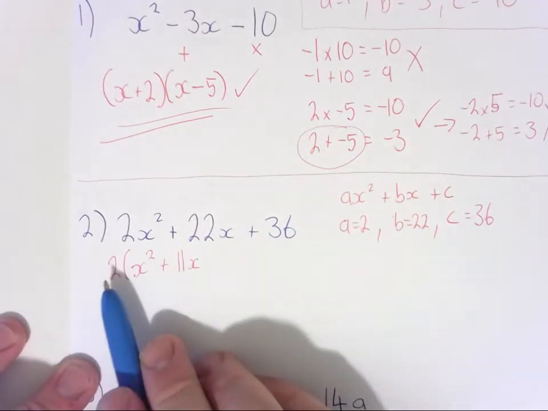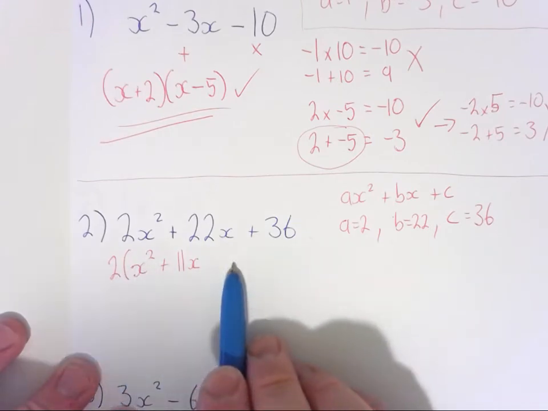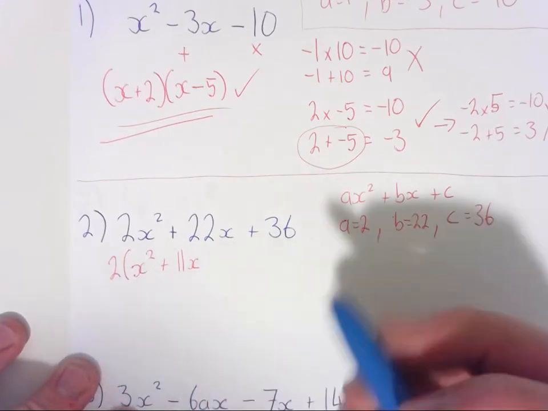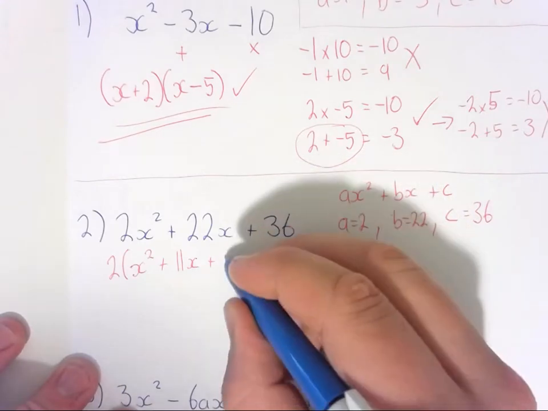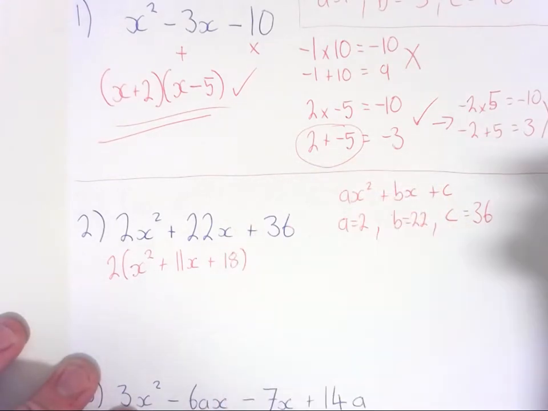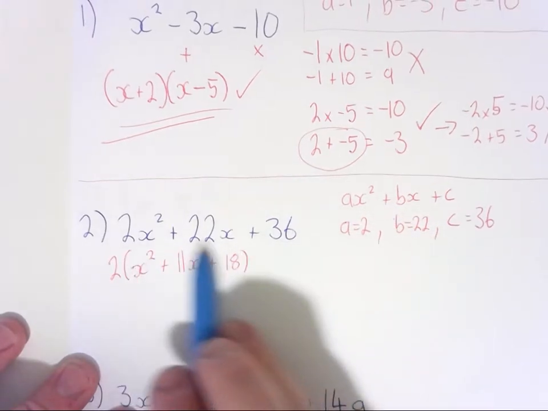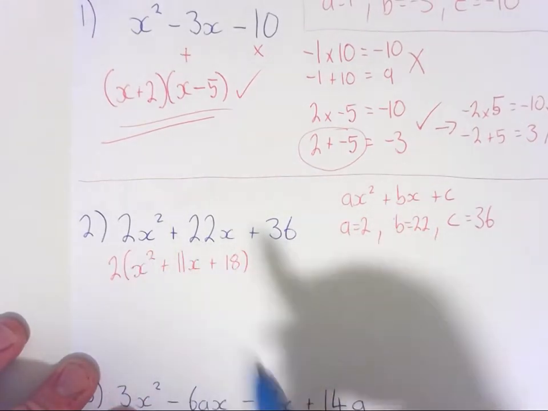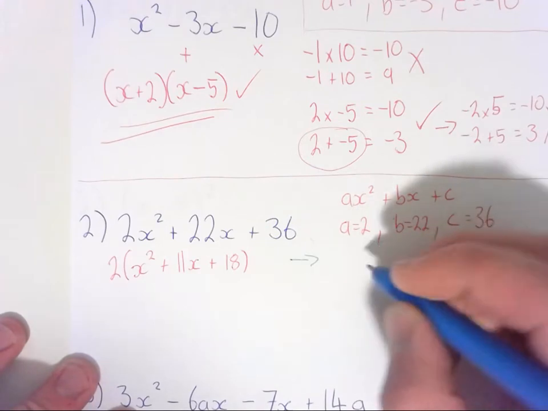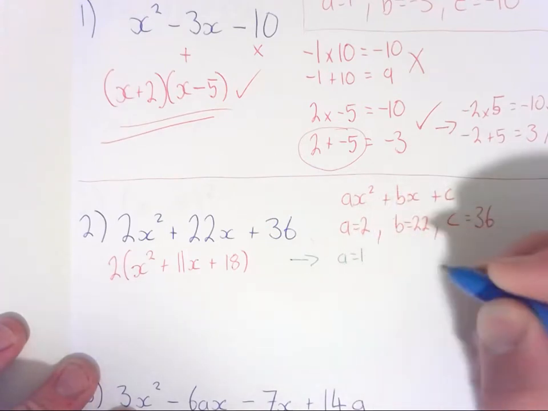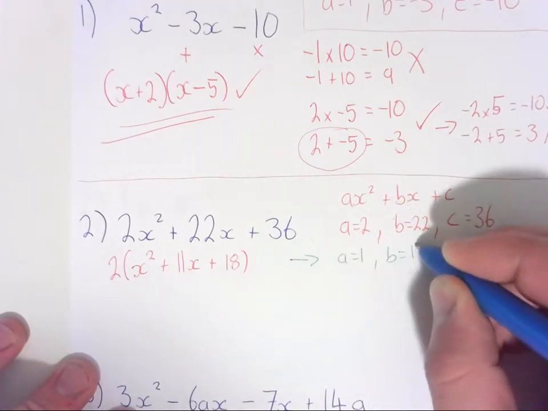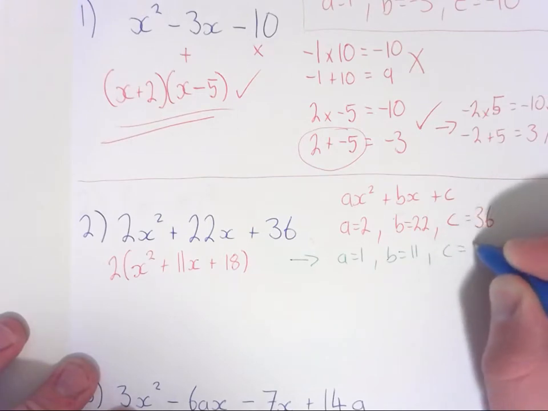Now 2 times what is going to give me positive 36? That's going to be plus 18. For the bit in the brackets, I now have a is equal to 1, b is equal to 11, and c is equal to 18.